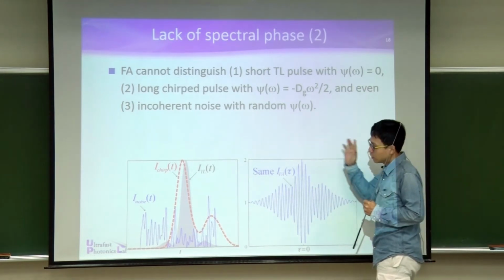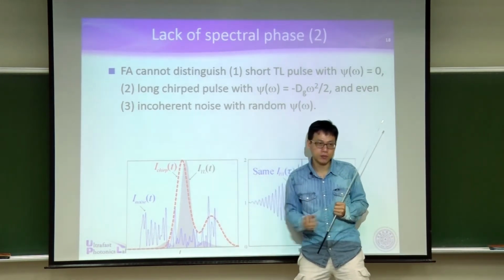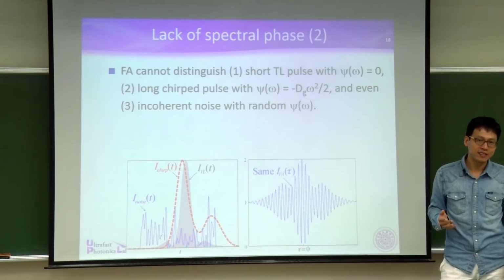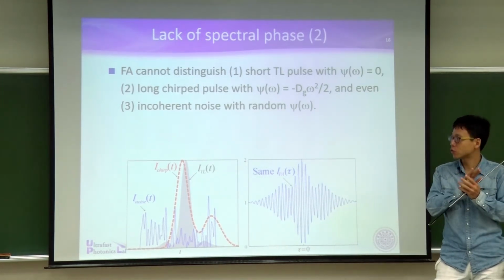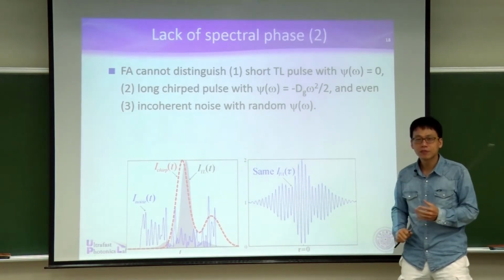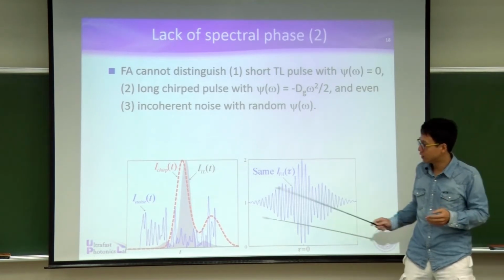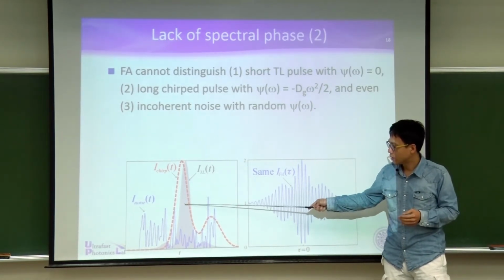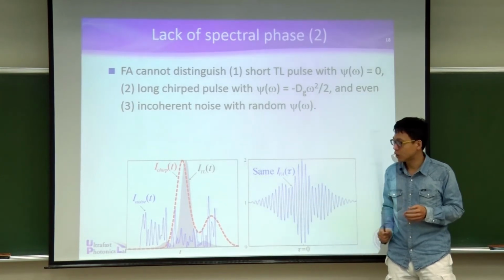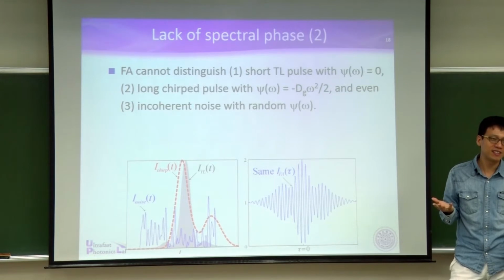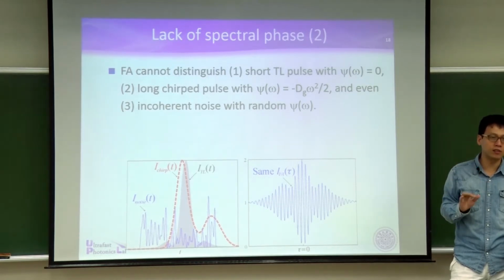But the second case, the chirped pulse, is pretty broad in the time domain because of the chirp. So it means when these two red pulses are separated by several times the transform limited pulse width, they are still partially overlapped, right? If they are still partially overlapped, we expect their product is not zero.